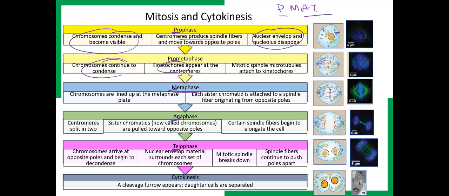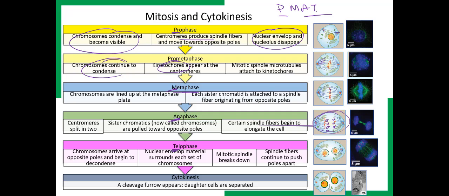And then in anaphase, that's when the centromeres are split in two. So you can see here, you've got one set going to the right, and another set going to the left. The spindle fibers start to make the cell more elongated. So you can see here the cell starts to stretch.